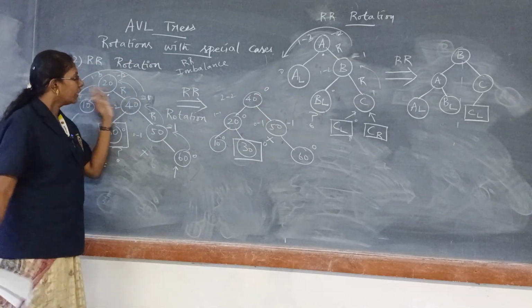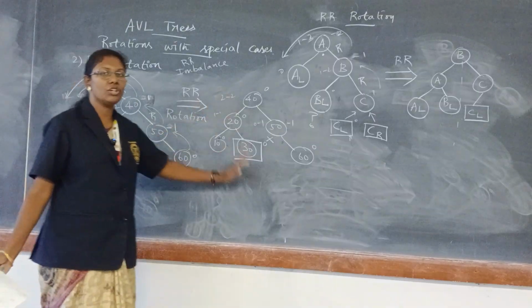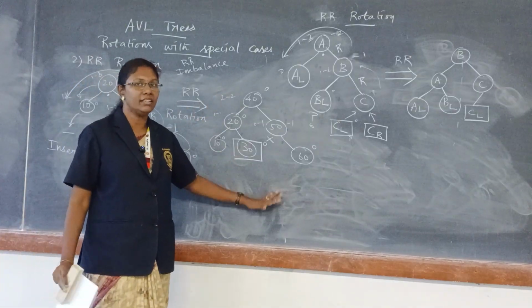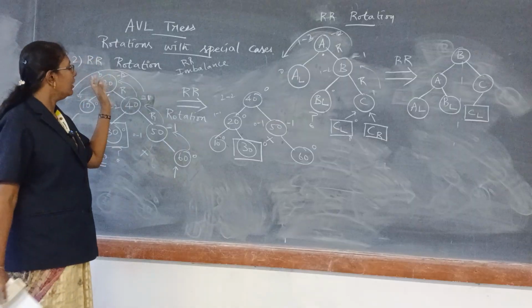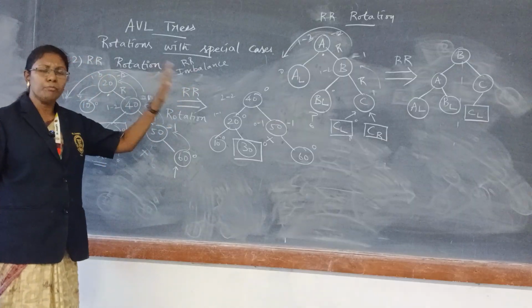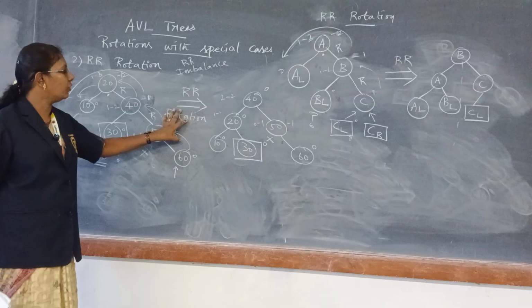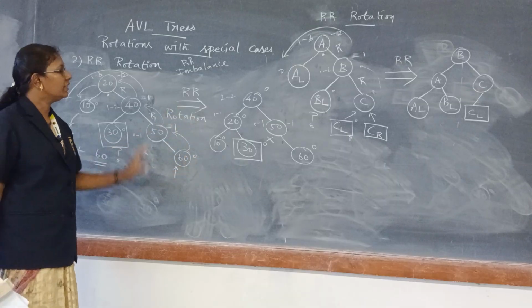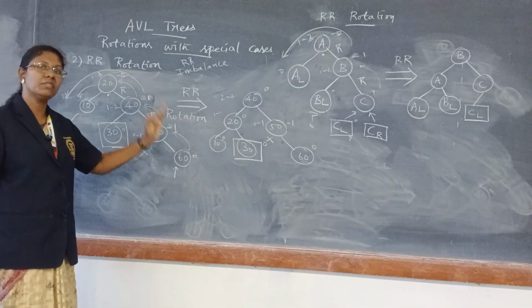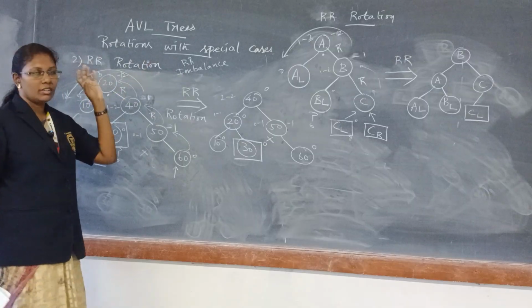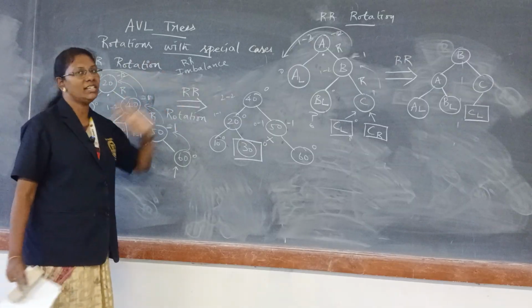Okay, so we have corrected the imbalance and achieved a balanced AVL tree. Here we have performed only a single rotation, so RR rotation comes under the category of single rotations with special cases.